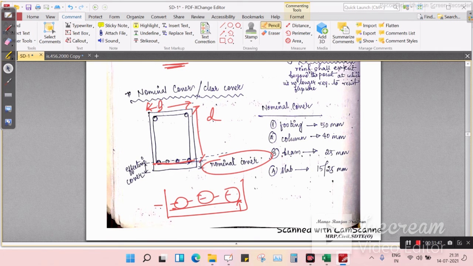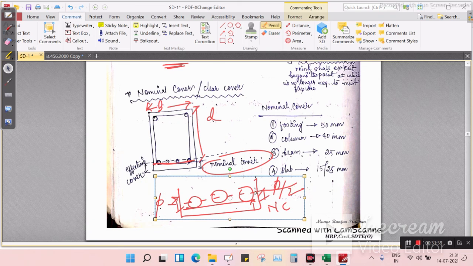If we add 5 by 2, suppose the diameter of this bar is 5, to the nominal cover, here the effective cover starts. Nominal cover plus 5 by 2 is effective cover.